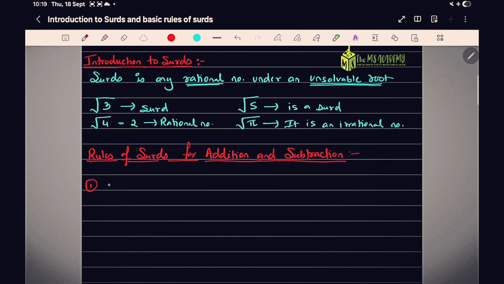First rule, two different surds or irrational numbers cannot be added or subtracted.